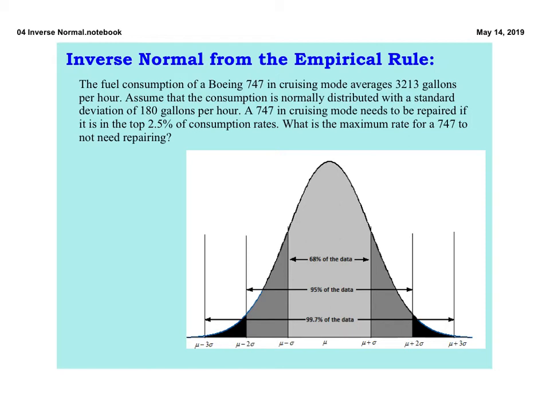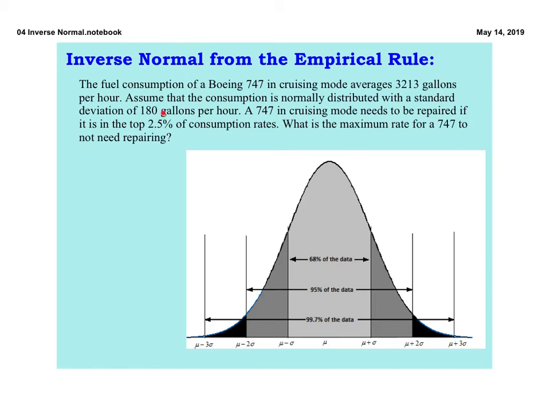Assume that the consumption is normally distributed, so that means it's on this bell curve, with a standard deviation of 180 gallons per hour. A 747 in cruising mode needs to be repaired if it is in the top 2.5% of consumption rates. What is the maximum rate for this 747 to not need repairing?